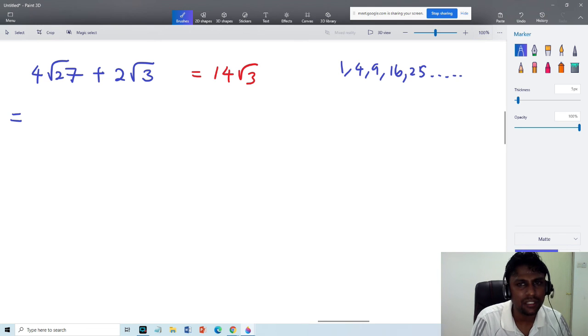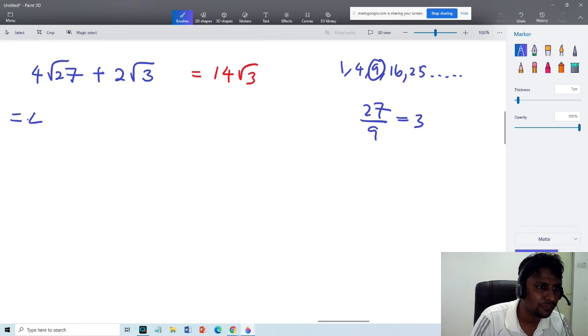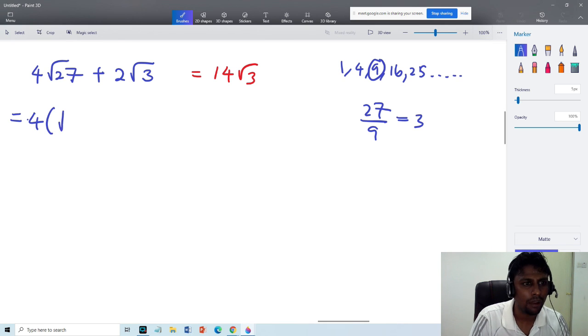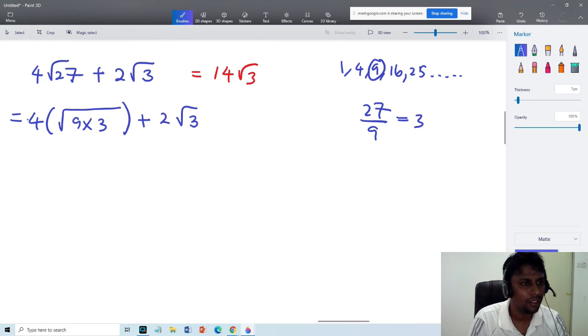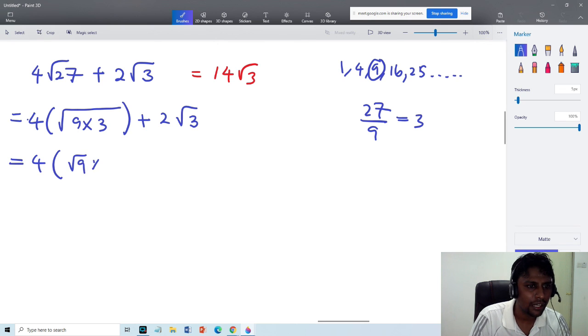Definitely something related to 9, because it must be only divisible by 9, since it's an odd number. 27 divided by 9 you will get 3, so 4 bracket square root 9 times 3, plus 2 square root 3. Here you will get 4 times square root 9 times square root 3, plus 2 square root 3.